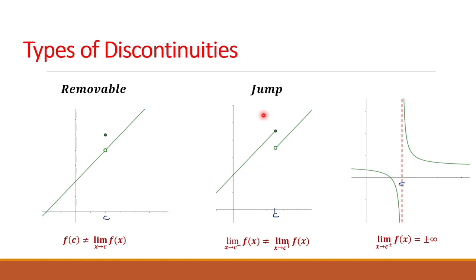This would be a jump discontinuity. As we can see, there is a gap at x is equal to c, or the limit from the left-hand side is not equal to the right-hand side limit. And for the infinite discontinuity, we can see an asymptote.